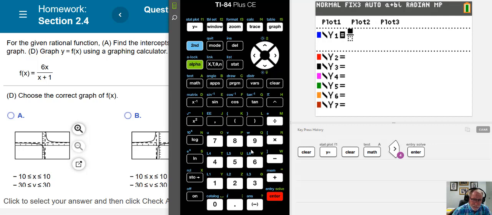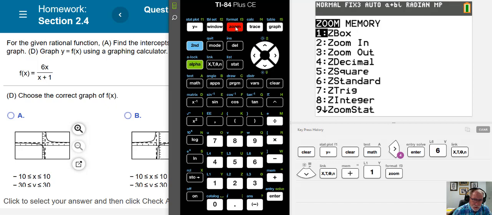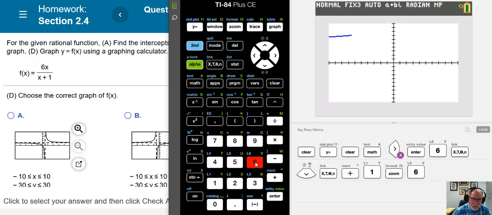In the fraction template, I'm going to type 6x, scroll down and type x plus 1. Since this is my first time using the calculator today, I'm going to begin with zoom number 6, standard graphing window.